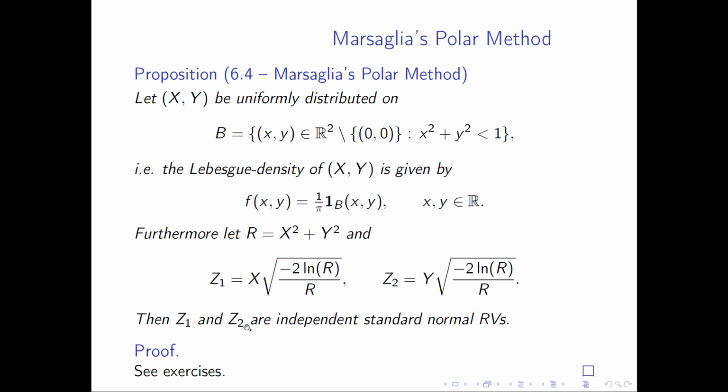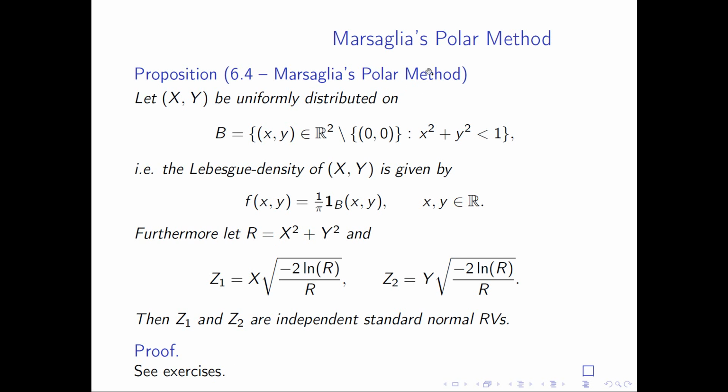Well, that's an alternative. How to derive this? It's again a clever use of integral transforms. If you want to solve this exercise, you can use similar transforms as for deriving the Box-Muller method. And if you struggle a bit, just Google Marsaglia's polar method and you will get a lot of advice.